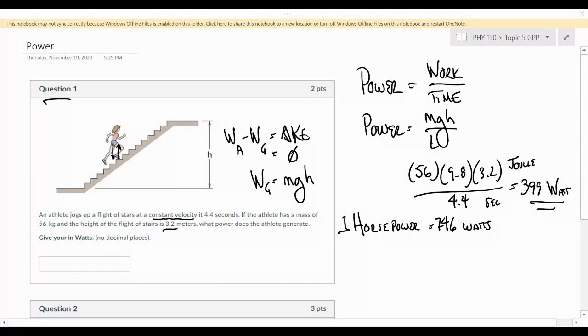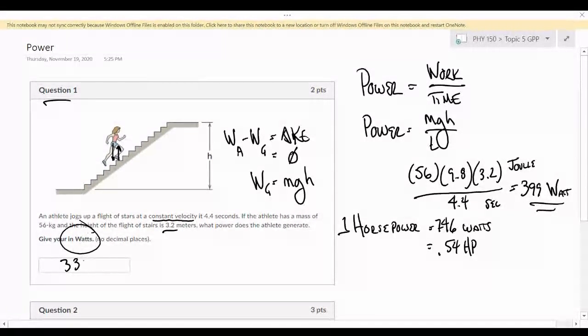It's pretty hard for an athlete to generate more than 1 horsepower for an extended period of time, more than a dozen seconds. So in this case, we just divide 399 by 746, and she's generating about 0.54 horsepower. That's pretty impressive.